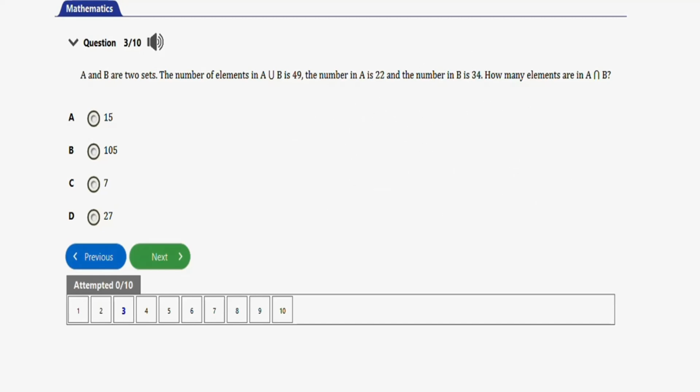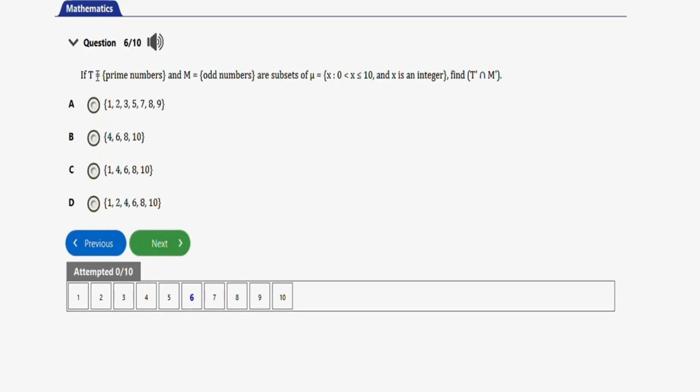Alright, the next repeated question is this one. It says if T equals prime numbers and M equals odd numbers are subsets of the universal set with values ranging from 1 to 10, and x is an integer, find T complement, or T prime, and M complement.